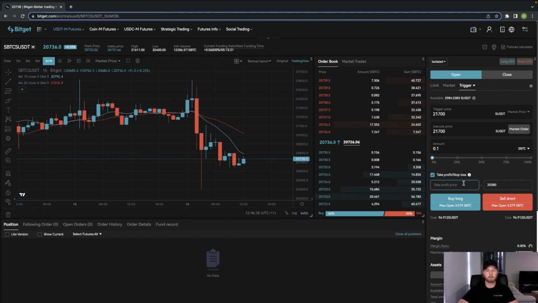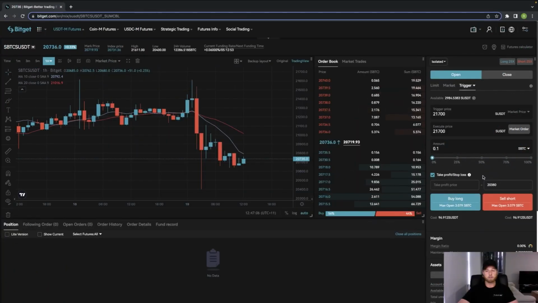Okay, now if I enter a price in my take profit and I get entered into this trade and it goes on and it hits my take profit, then I exit that position 100%. Okay, now my trading style, I don't like to exit my positions fully. I like to scale out at different price targets, so I won't use take profit, and I'll show you how to raise a take profit in a second.